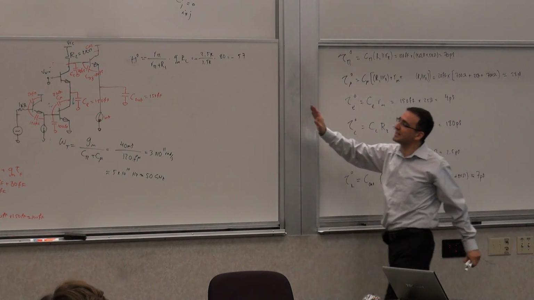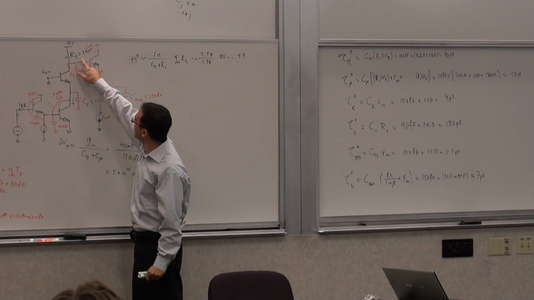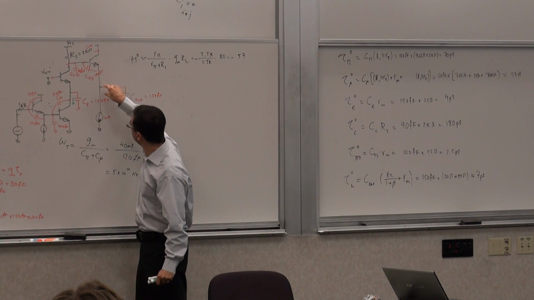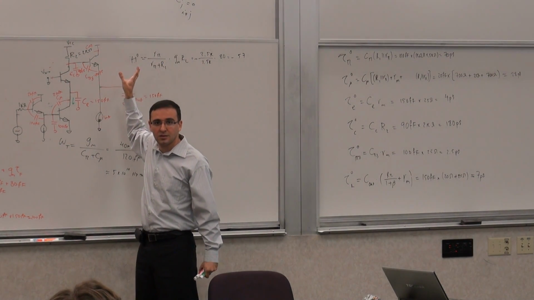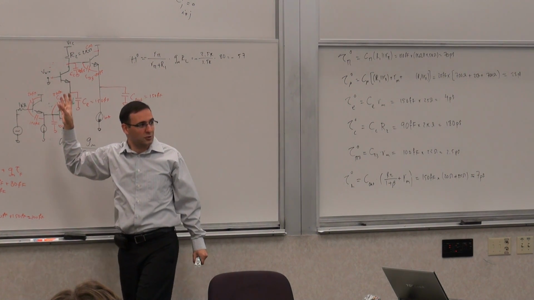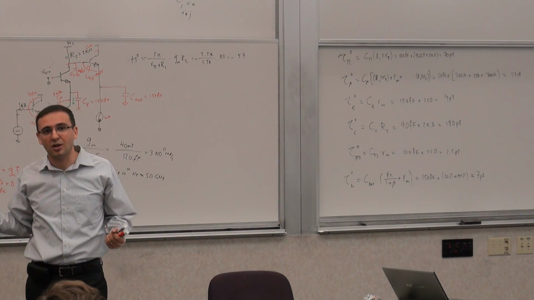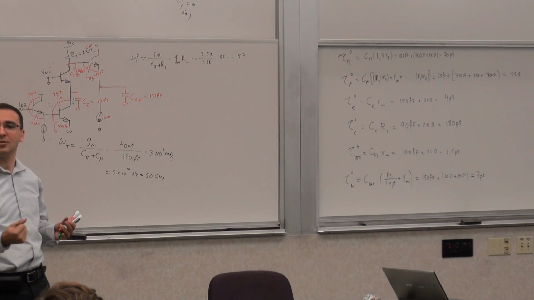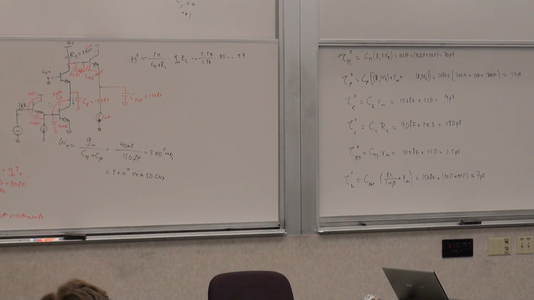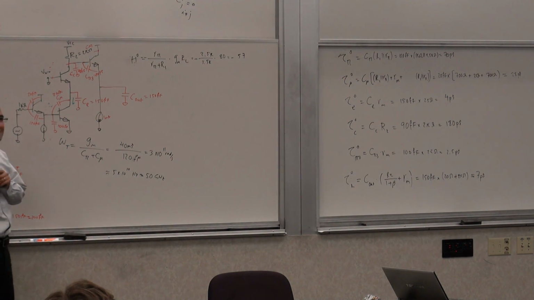So I can have a cascade of 2 stages. I can basically make this 200 ohms, make another one of these stages right next to it, and then buffer it and go to the output. And if I do that, I substantially improve my time constants. I'm introducing more poles, more time constants, but they're all at higher frequencies. And if it works twice, what is there to stop you from doing it multiple times?